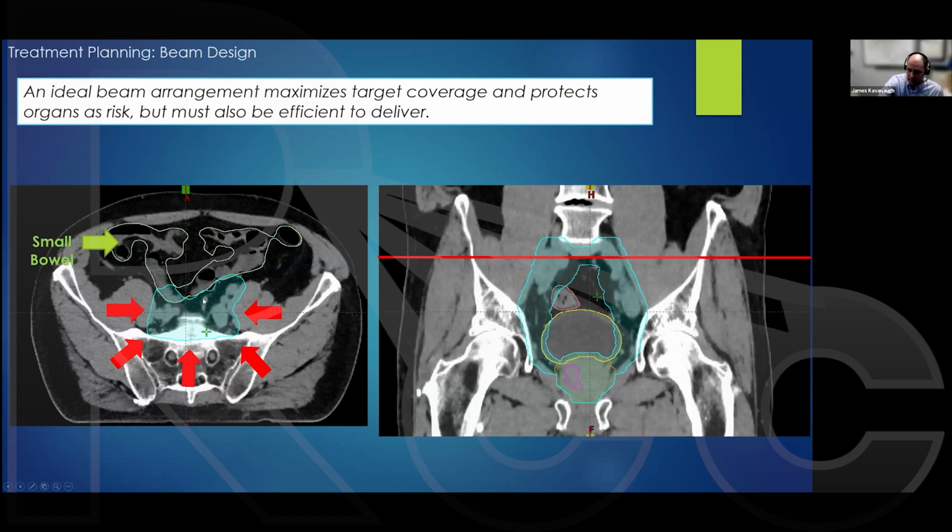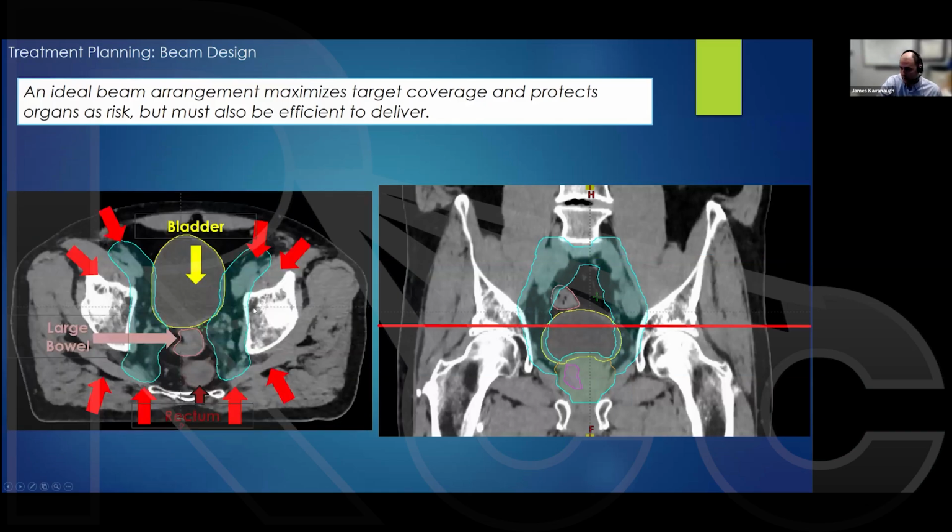Our target is predominantly posterior, and so these red arrows represent favorable beam angles, but we have small bowel to the anterior. So an anterior beam angle is less favorable, not one that should be avoided, but something where the optimizer will probably weight that part of the volume a little bit less for anterior beams.